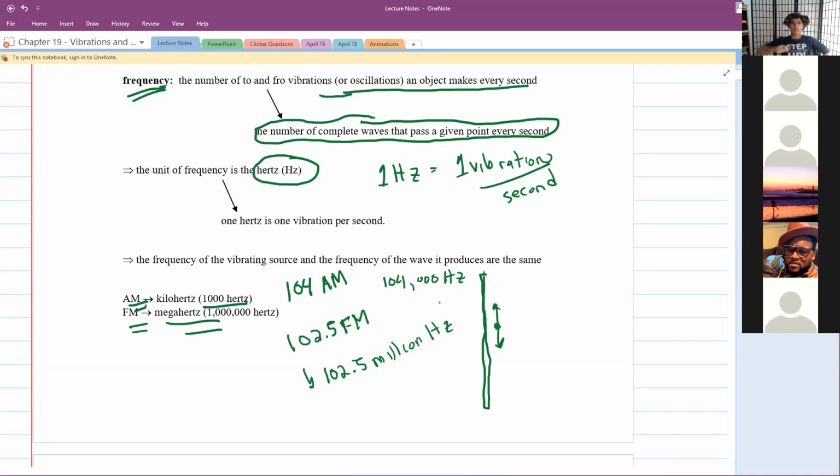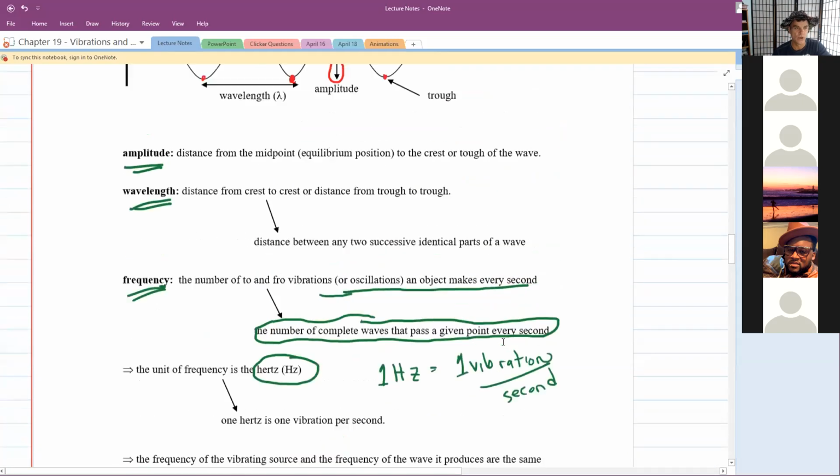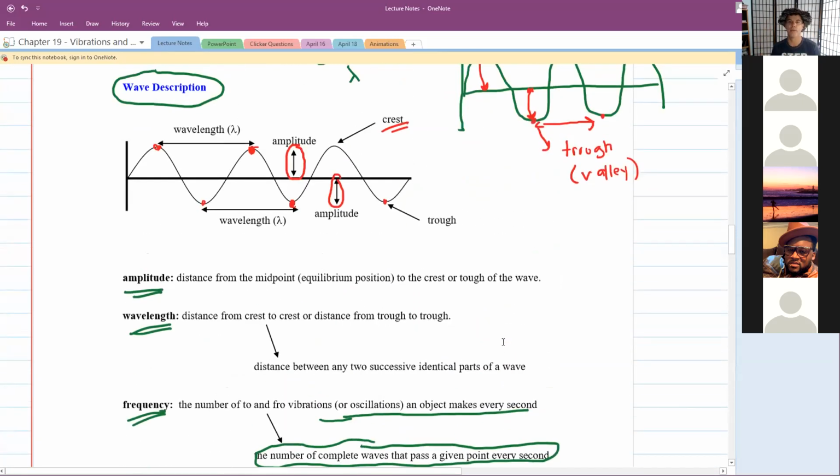Crazy, right? So imagine trying to move your fingers up and down 102.5 million times every single second. That's what's happening in the antenna that's producing that particular radio wave. Pretty interesting.